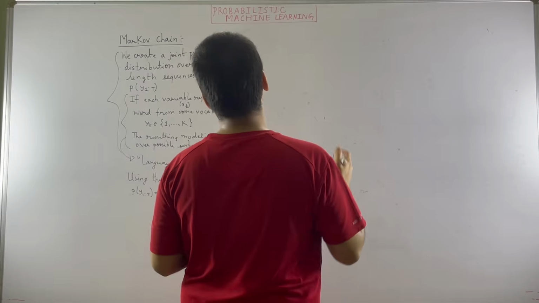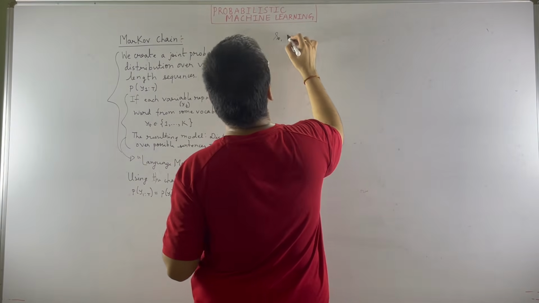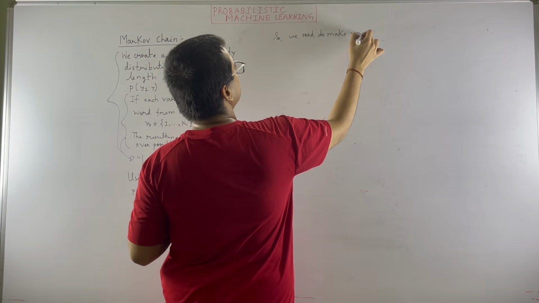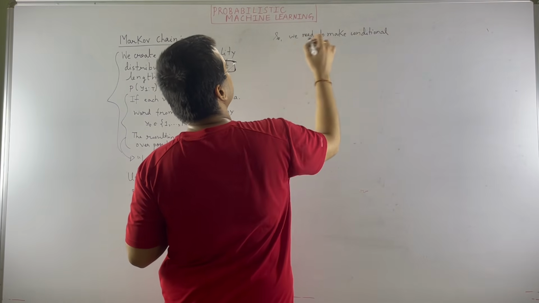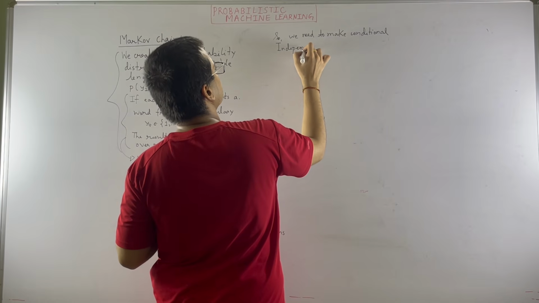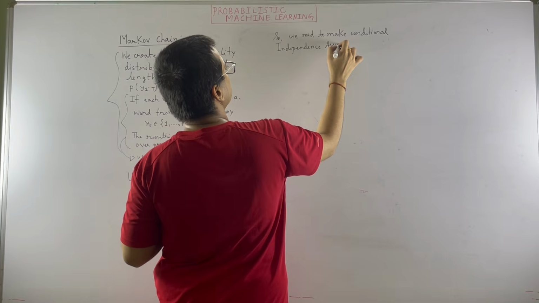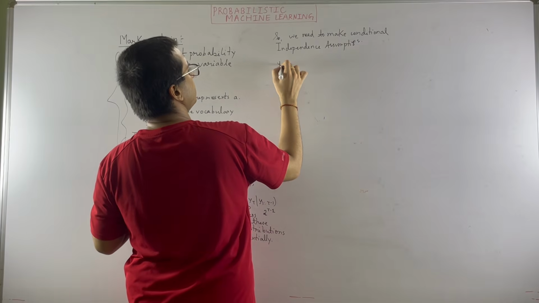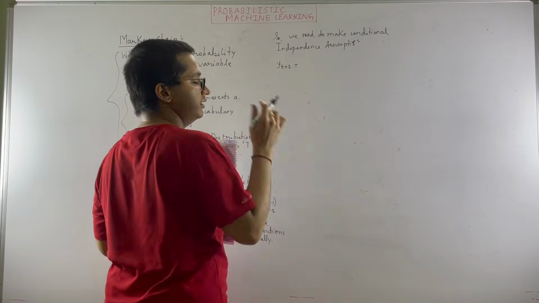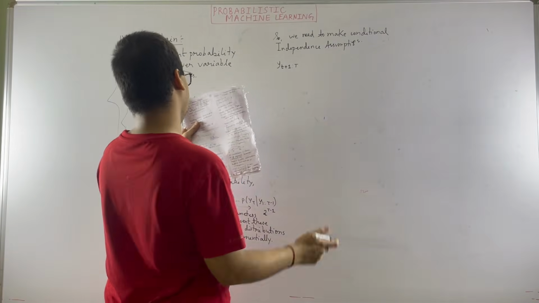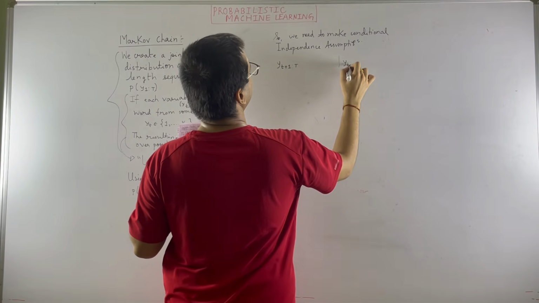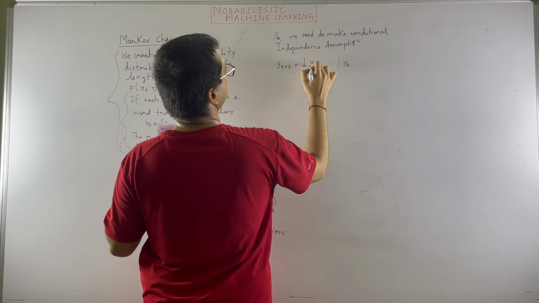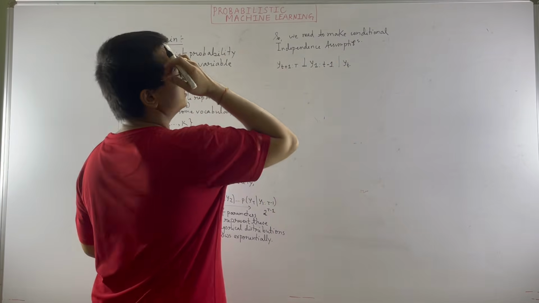That is why we need to make conditional independence assumptions. And that assumption is that if I am at the tth word, then conditioned on my tth word, the sequence starting from t plus 1 will be independent of the sequence before t.